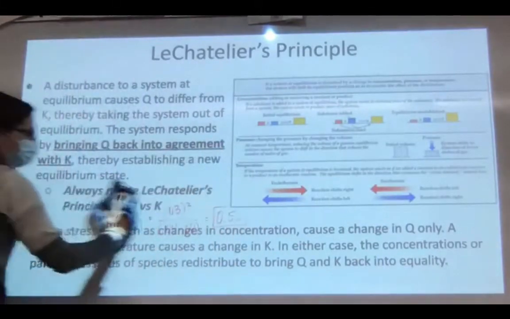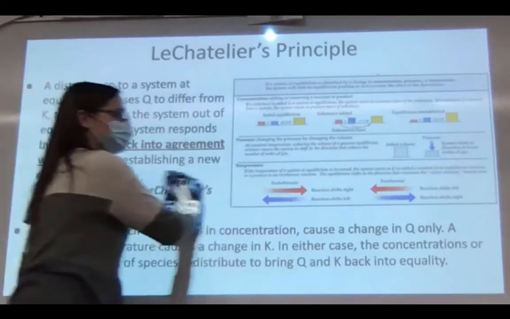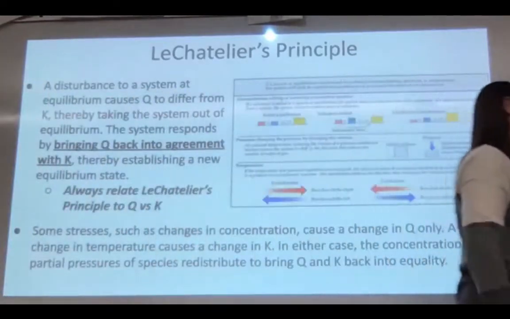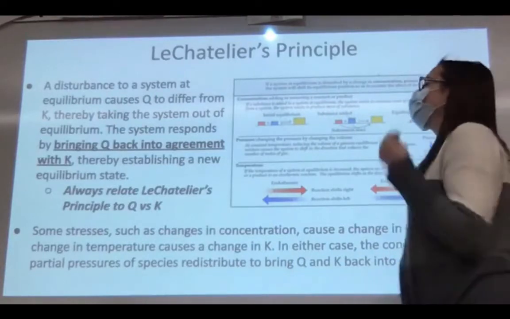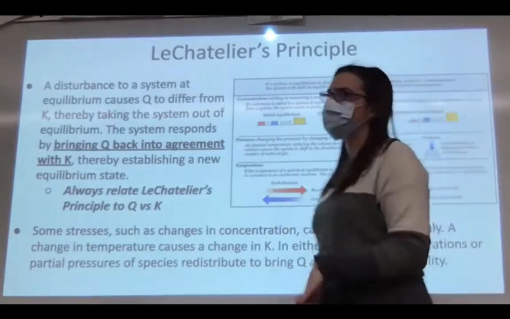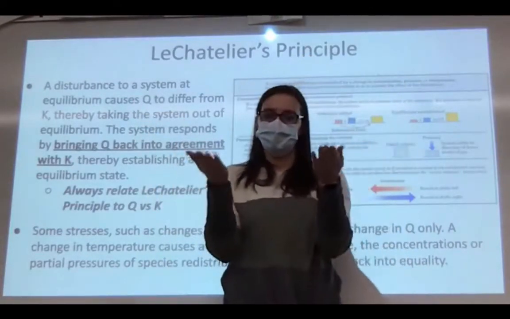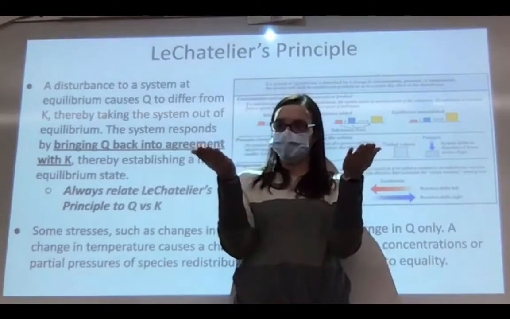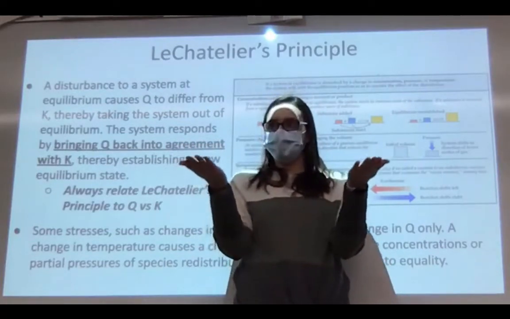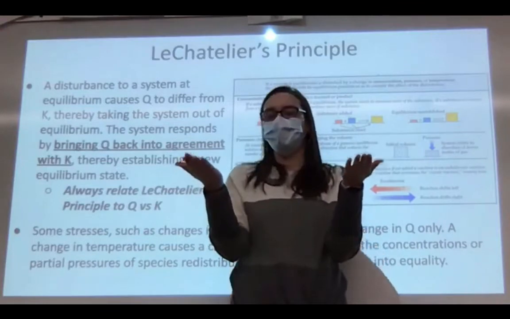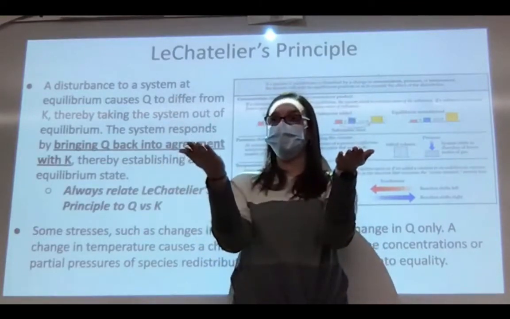You stress its equilibrium. So how will the reaction respond when you do something to it? Now with LeChatelier's principle, this might not be the best analogy, but it helps. Think about it like a seesaw, like a teeter-totter. So at equilibrium, we have equal rates. Now the concentrations aren't equal, but the rates are equal, so we're going to say it's balanced.